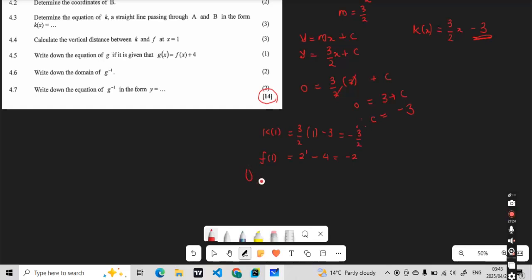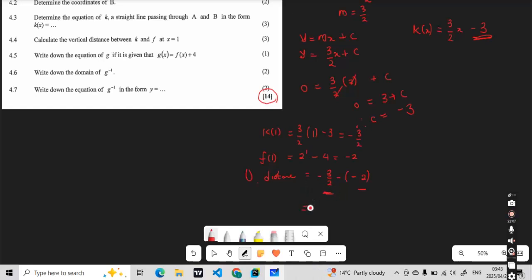Therefore, for the vertical distance, I'm going to find it through equating minus 3 over 2 minus 2. Remember, they say at x equals to 1. So subtracting this point from this one.